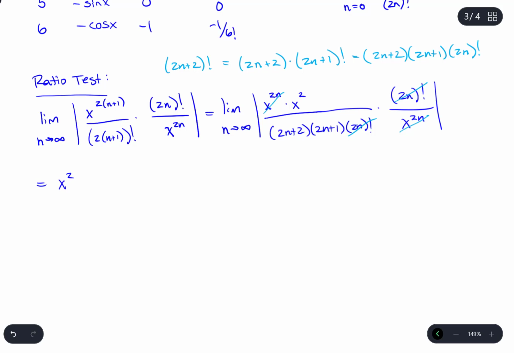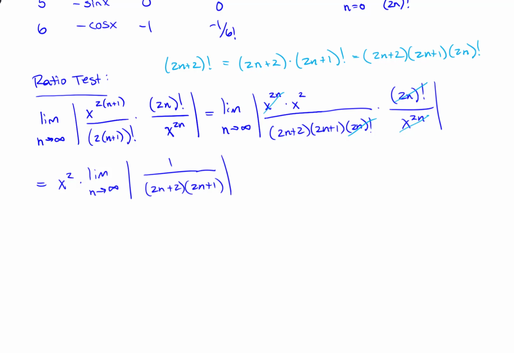I don't need to worry about absolute value because squaring always results in a positive number. That would leave me 1 over 2n plus 2 times 2n plus 1. And then this limit, the denominator is changing, but the numerator is not.